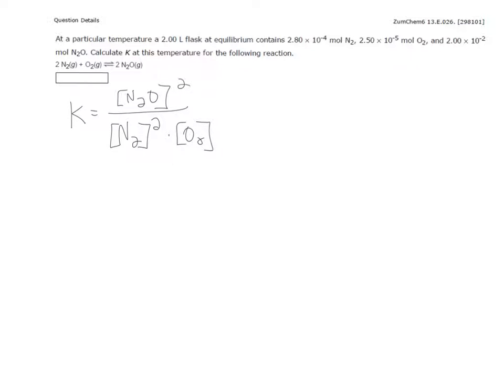So for instance, because of the coefficient 2, we put an exponent 2 for N2O in the equilibrium expression. And because of the coefficient 2 for nitrogen, we put an exponent 2 for nitrogen in the equilibrium expression. And because of the implied coefficient of 1 for oxygen, we have an implied exponent of 1 for oxygen in the equilibrium expression.